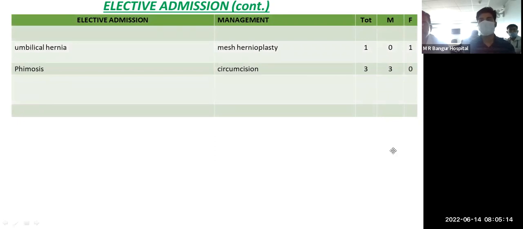One umbilical hernia was admitted for which retrorectus mesh hernioplasty was done, and 3 phimosis admitted for which circumcision was done.